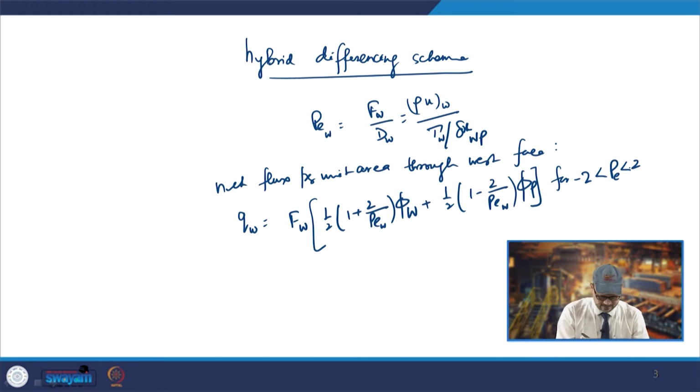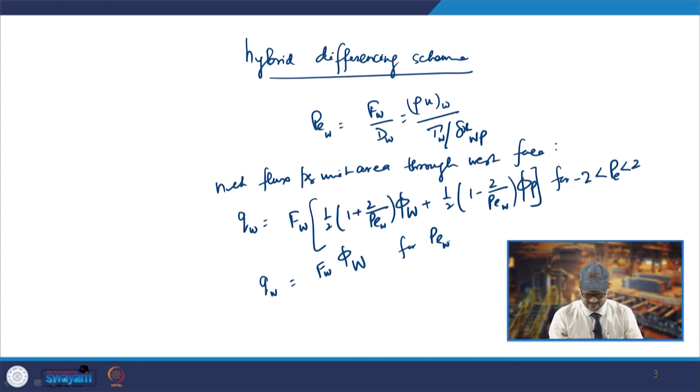So, in that case the q w will be F w, and phi will be phi at the w. So, the upstream node will be the western node, and this is for the case where the local Peclet number at this face is more than 2.